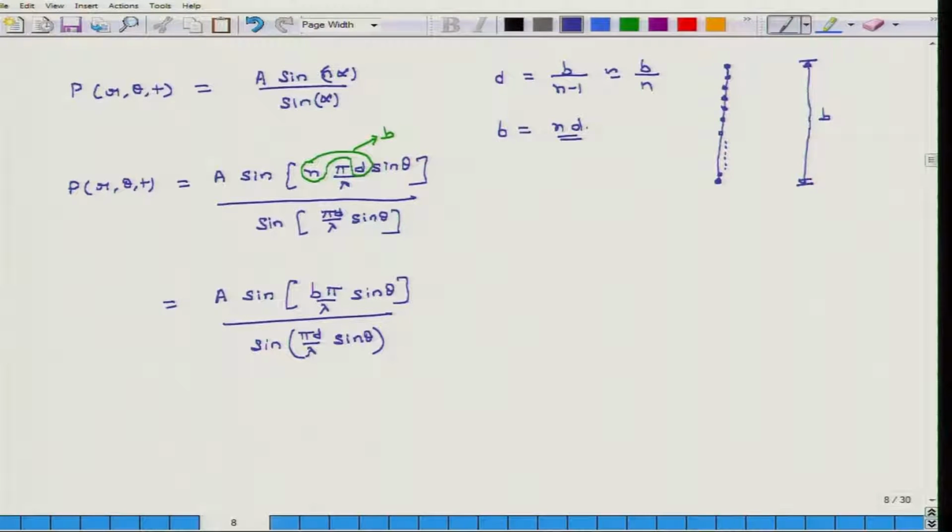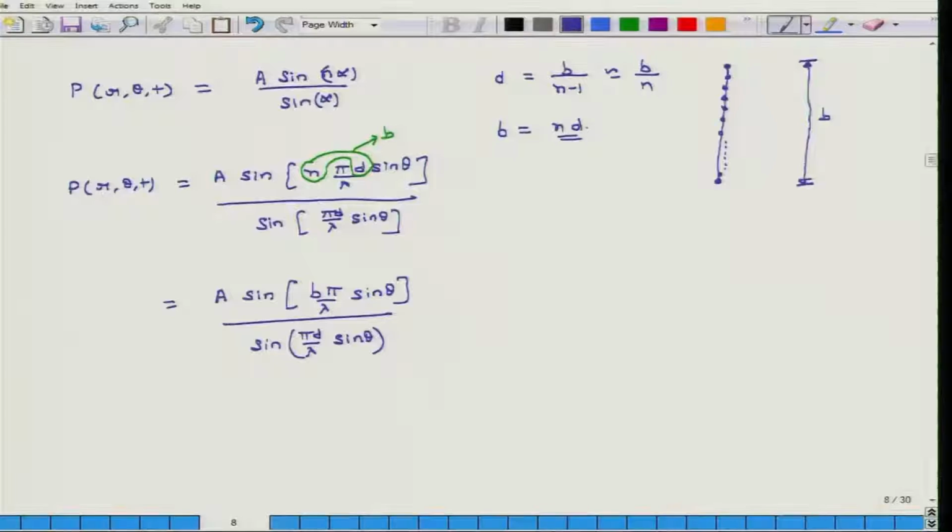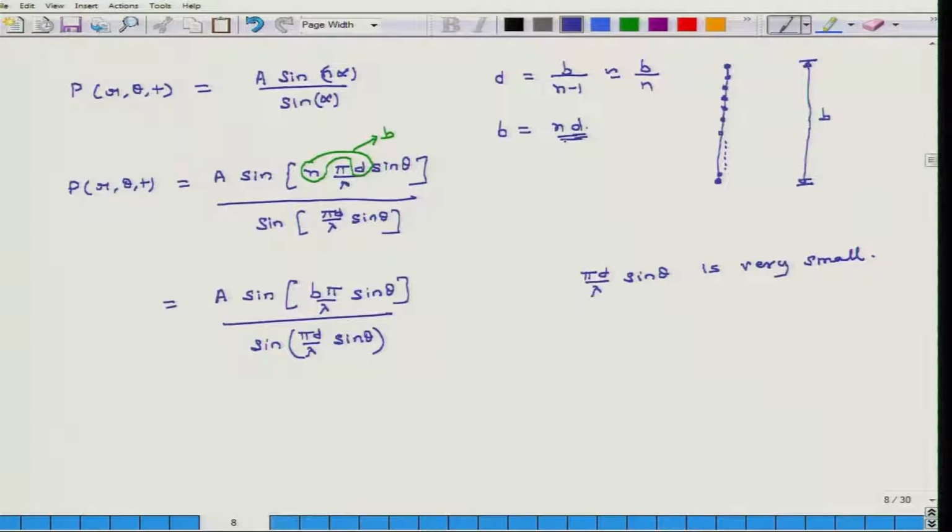Now, I want to do something similar for the denominator also. We know that pi d over lambda times sine theta is very small. Why is it very small? Because this finite string which is having n sources and n is an extremely large number, and if n is extremely large then d has to be very small.